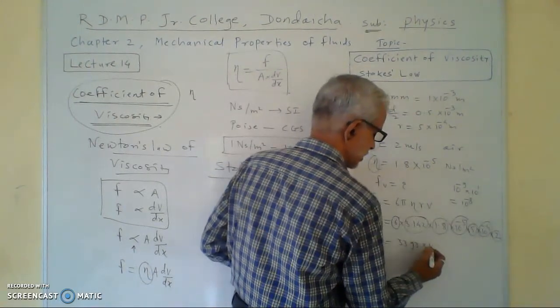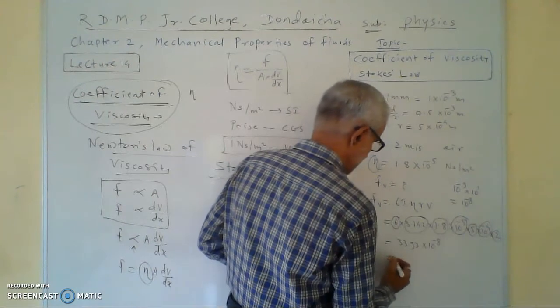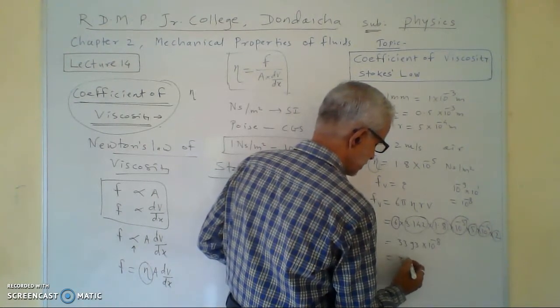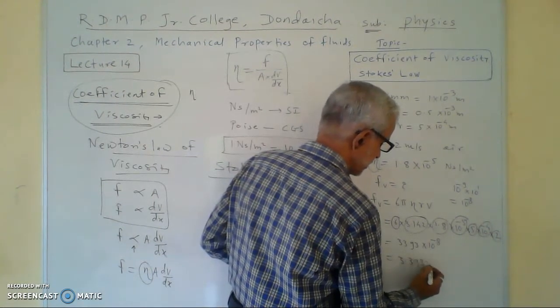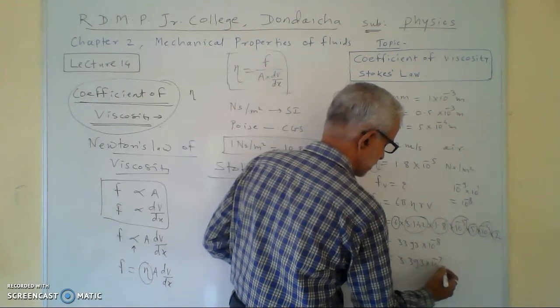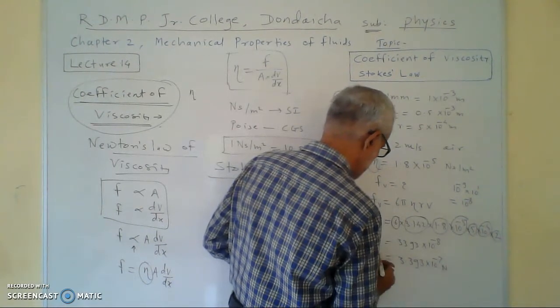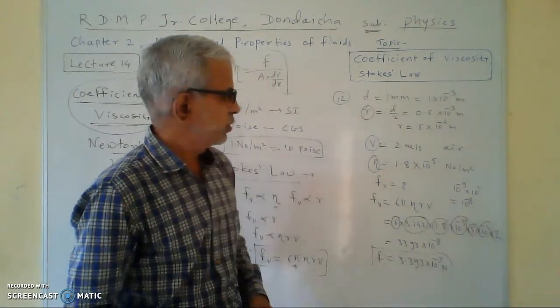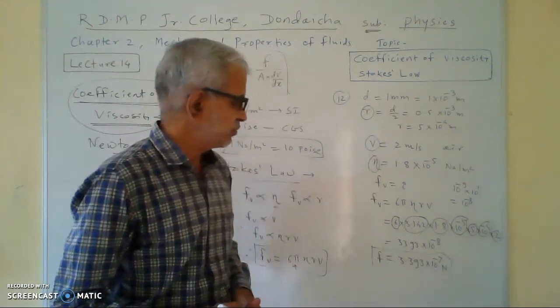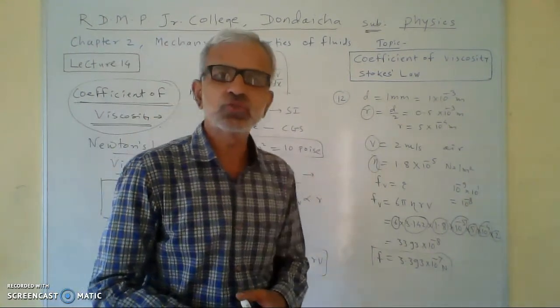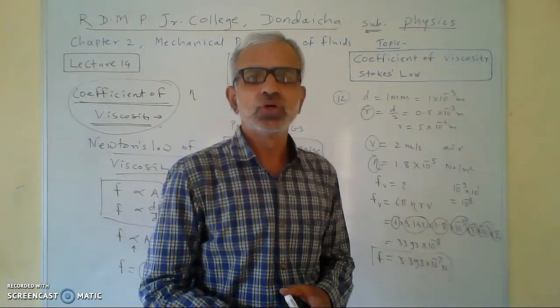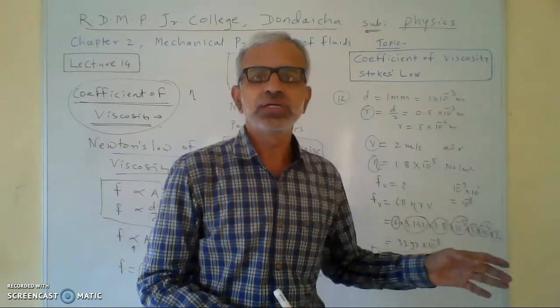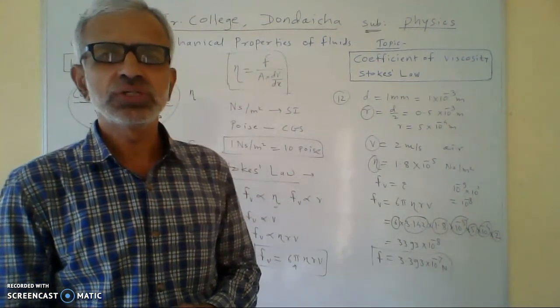So this is 33.93 into 10 raised to minus 8, equal to 3.393 into 10 raised to minus 7, and give the unit of the force, which is Newton. So this is the answer, 3.393 into 10 raised to minus 7 Newton, because it is force.